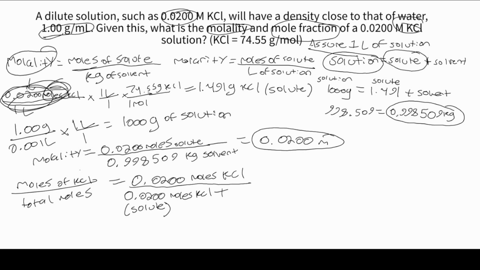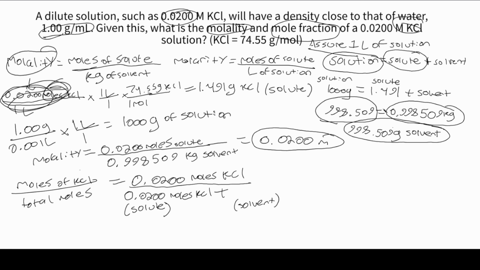But we also have a solvent that we have to deal with. We know that we have 998.509 grams of solvent, which we converted into kilograms by dividing by 1,000.